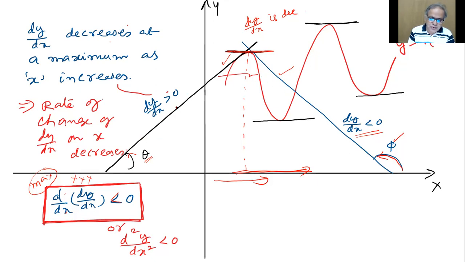From a positive slope here, I'm going to a negative slope as I cross the peak, which means in mathematical terms that dy by dx is falling. So the rate of change of dy by dx is less than 0, which people write as d2y by dx2 or d square y by dx square.